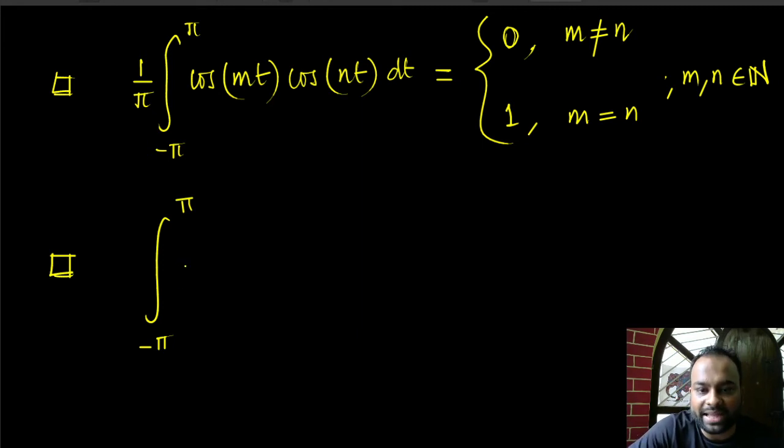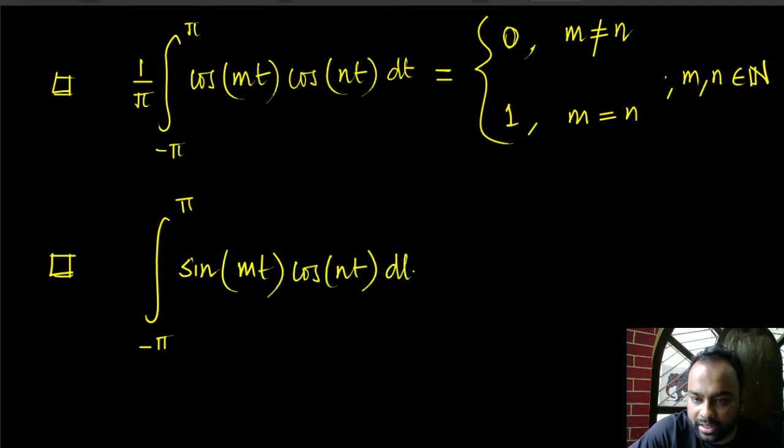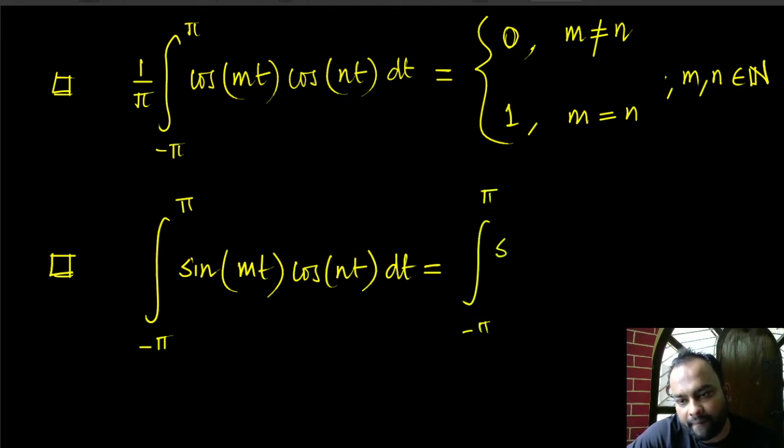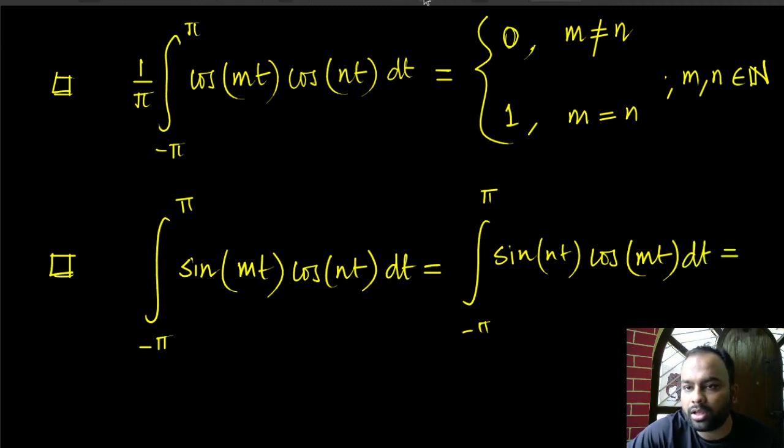But if I mix and match sine and cos, so if I write something like sine mt cos nt dt, this would be equal to sine nt cos mt dt, because you can calculate this and verify for a fact that this is actually 0. So if you mix and match, the result is always 0.